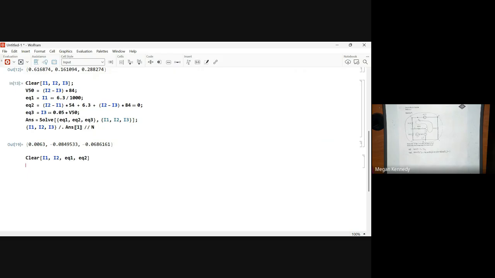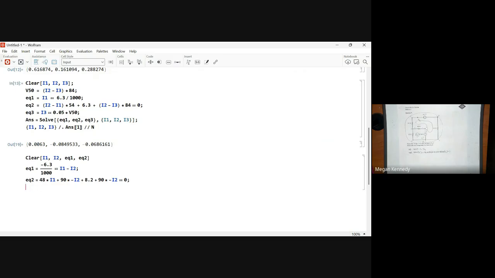I'm going to write EQ1 is equal to negative 6.3, divided by 1,000 to convert milliamps into amps, is equal to I1 minus I2. EQ2 is equal to 48 times I1 plus 90 times negative I2 plus 8.2 plus 90 times negative I2, and that's going to be equal to 0.